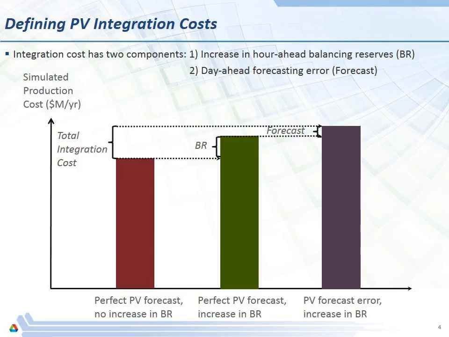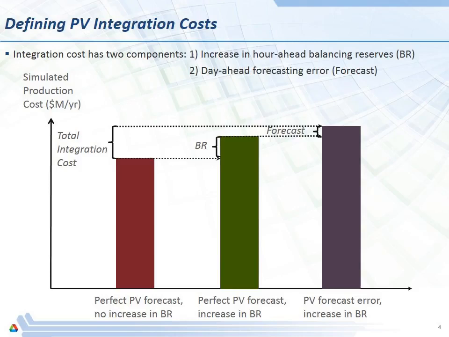So what the production cost model generates when it estimates the total cost is this red bar off on the left. So that's assuming essentially that there's perfect forecastability of PV and no need for increases in balancing reserves. They know that the true cost of portfolios will be somewhat higher once you account for the sub-hourly variability and forecast errors, and you bring those estimates into portfolio costs.